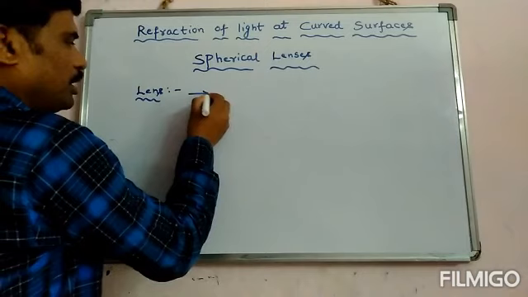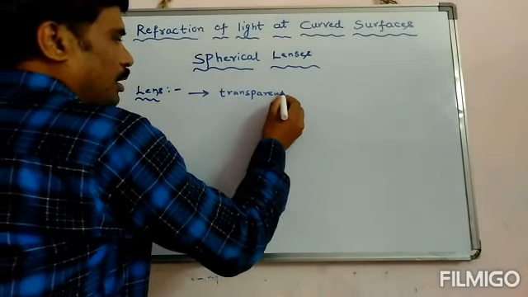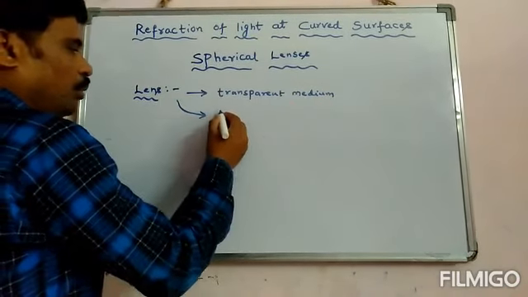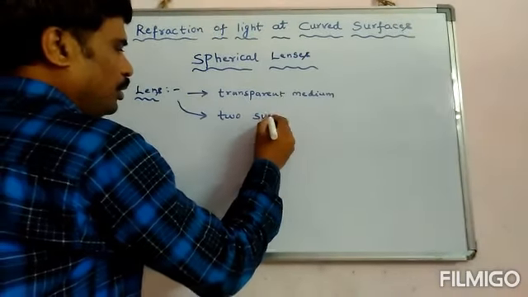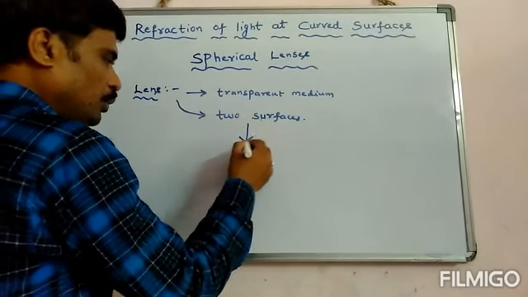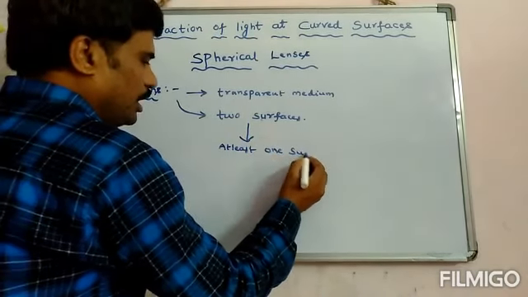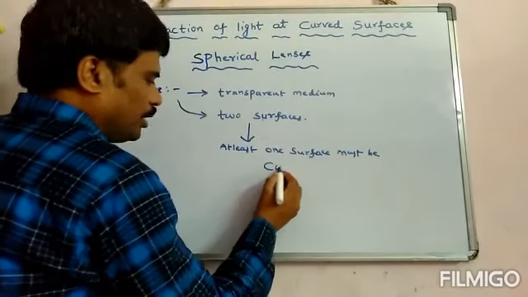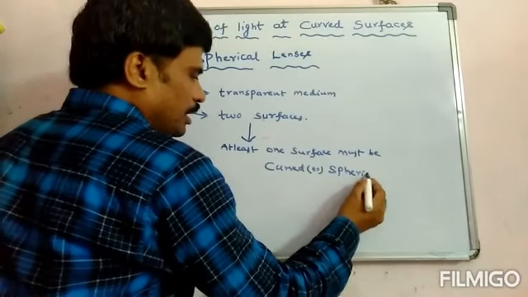Lens is nothing but it is a transparent medium, and it should have two surfaces, bounded by two surfaces, and in these two surfaces at least one surface must be curved or nothing but spherical.